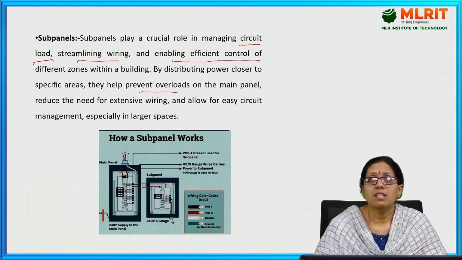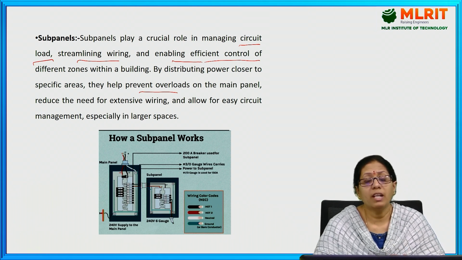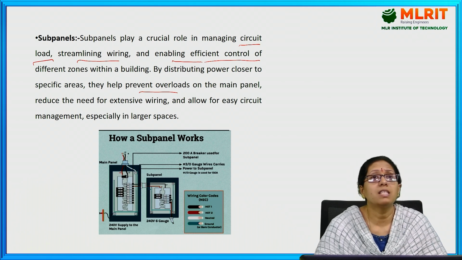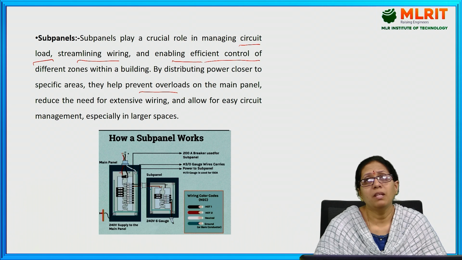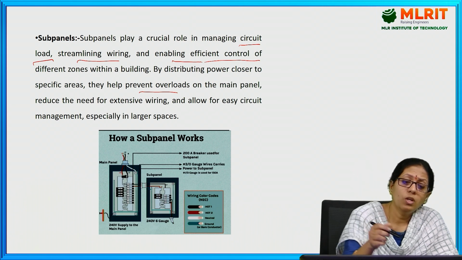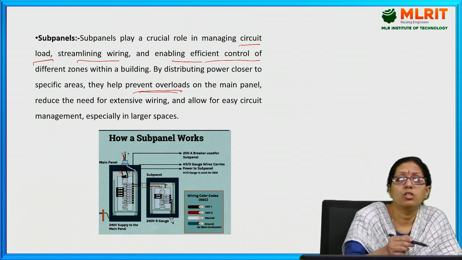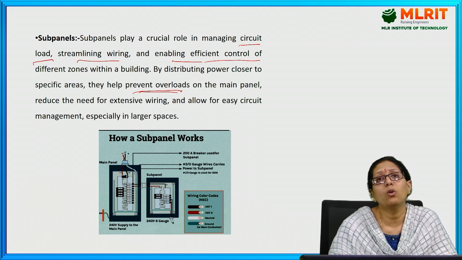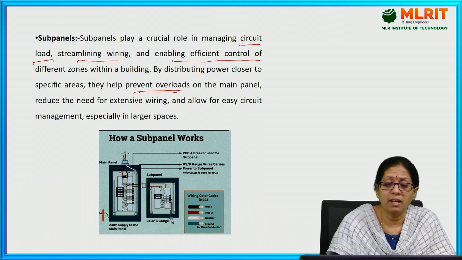If there is any kind of maintenance or repair work, we can just shut down the sub panel only, instead of shutting down the whole panel, and the repair work can be carried on. It also helps to prevent overloading on the main panel.